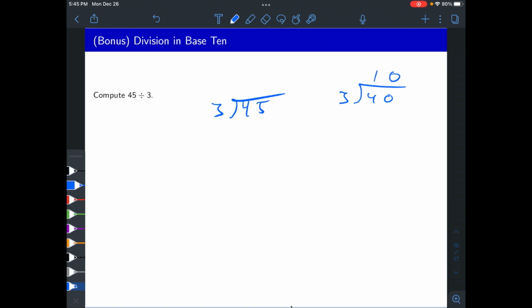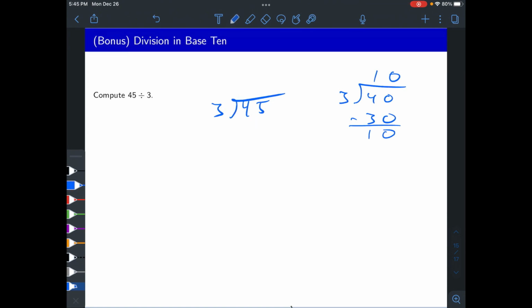Well, it goes in 10 times, right? And 10 times 3 is equal to 30. So if I take 10 groups of 3 away from 40, I'm left with 10.